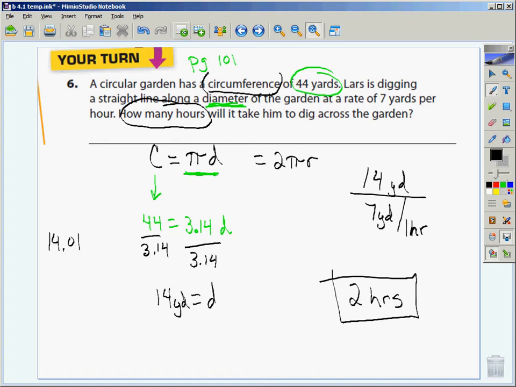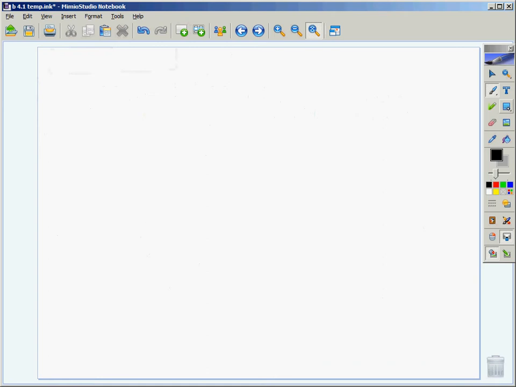Okay. The difference between a radius and a diameter. It may be oval shaped up there. It's pretty circular shape on my screen.